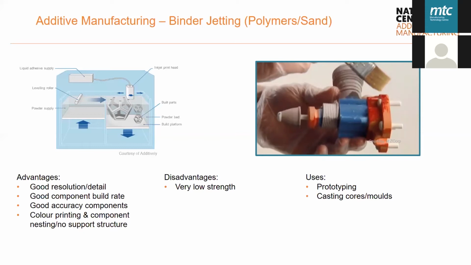So instead of conventionally manufacturing patterns and molds, which potentially takes a lot of time and cost, especially on low component number runs, what you can do is 3D print the casting mold or pattern using binder jetting of sand, and then carry on through with your conventional casting process. So you pour, to reduce essentially that lead time quite significantly.